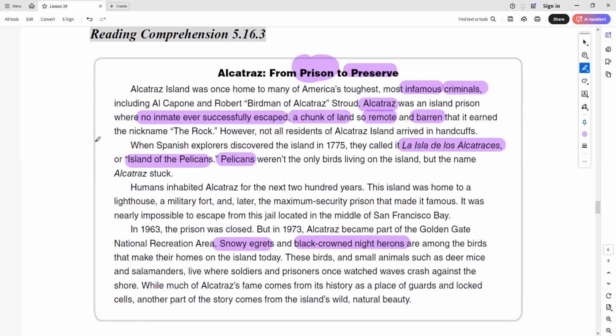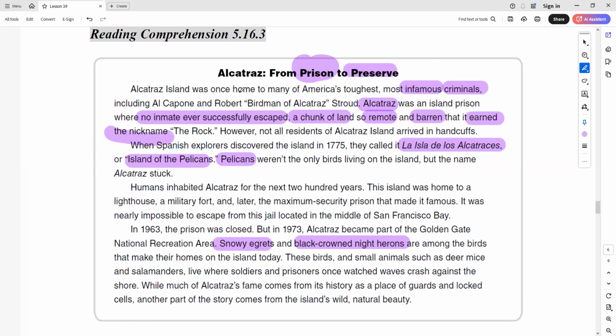Do you think that you are able to plant anything there? You are able to have crops there? No, because it's too barren. Barren land, 贫瘠的土地。That it earned the nickname. 所以它得到了一个小称呼是什么呢？It earned the nickname, The Rock.